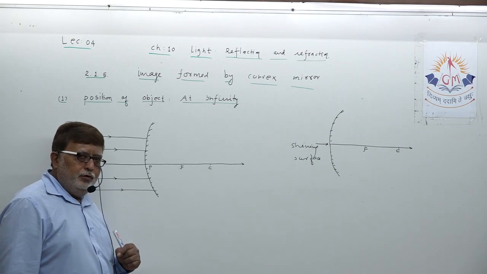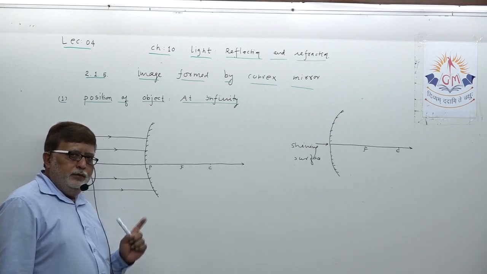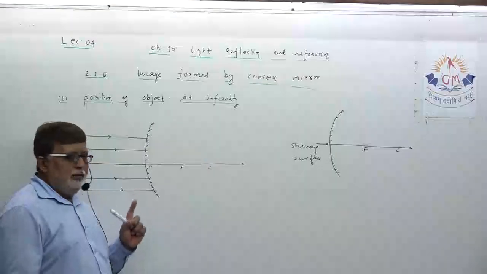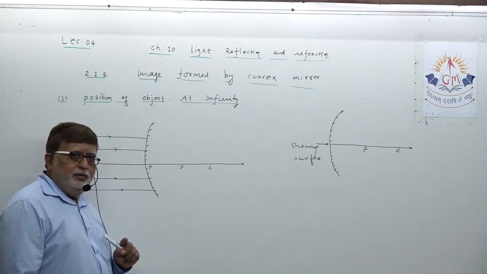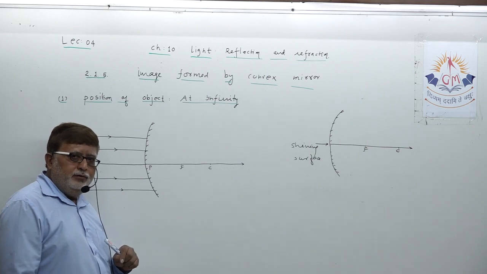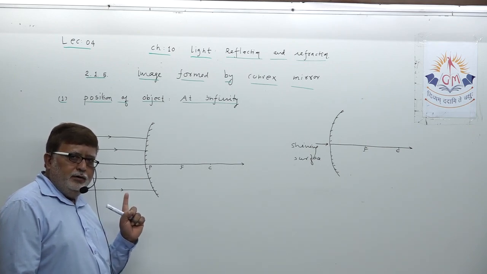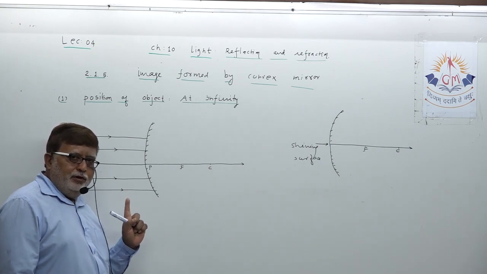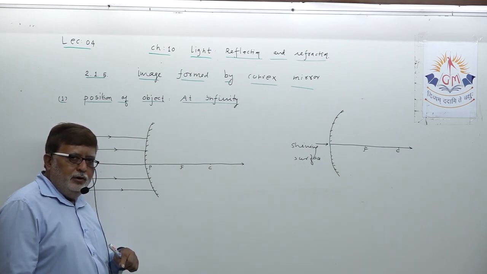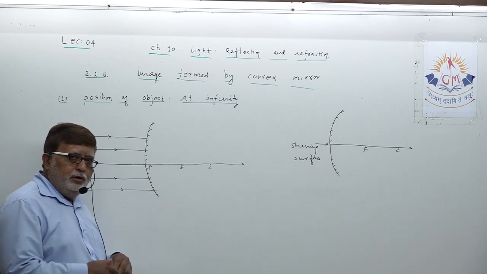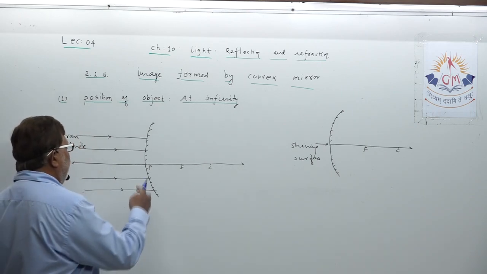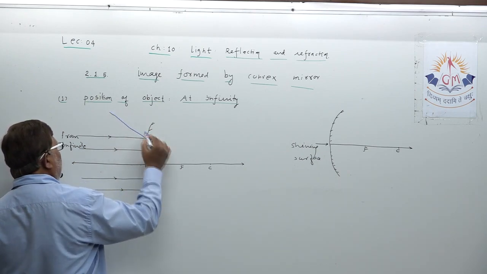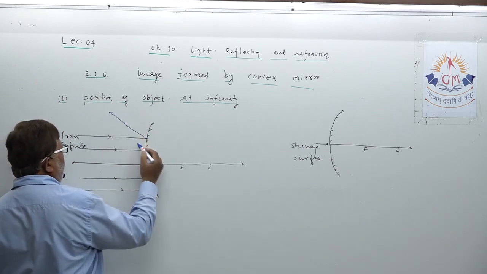Now as you all know, convex mirrors are ultimately diverging mirrors, that means the rays of light which are parallel to the principal axis, after reflection from the mirror, are not going to converge, but they are going to diverge. Suppose the first ray I saw, it is diverging this way.